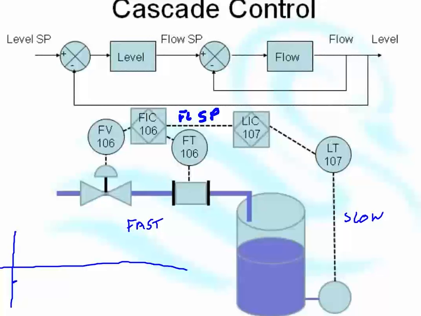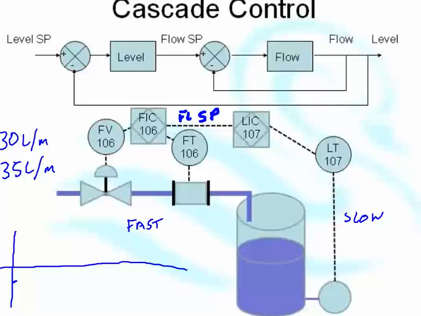So the flow set point gets increased from, say, 30 litres per minute to 35 litres per minute. As soon as the flow control gets that request, it controls, and within seconds the flow increases. But because the valve's just been serviced, the flow overshoots to, say, 37 litres a minute.